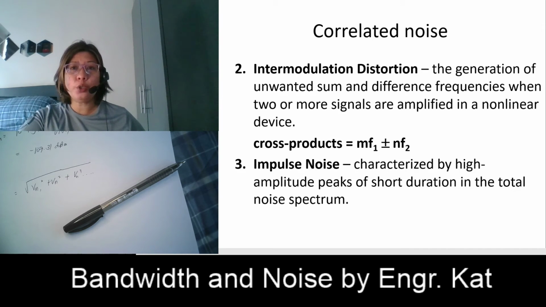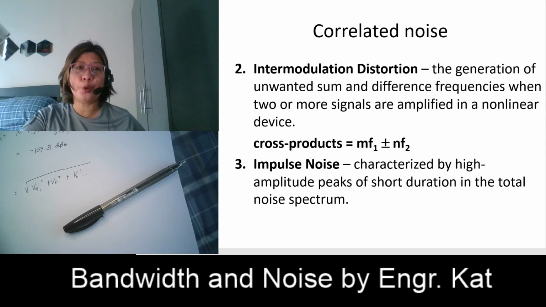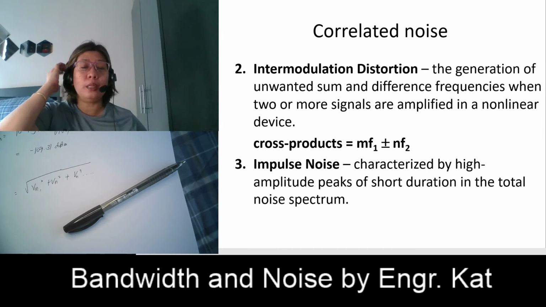Intermodulation distortion is the generation of unwanted sum and difference frequencies when two or more signals are amplified in a nonlinear device. Usually they form cross products. When we discuss modulation, we can see an example of intermodulation distortion. For now, it's just the definition. We have a plus and minus, so unwanted sum and difference.